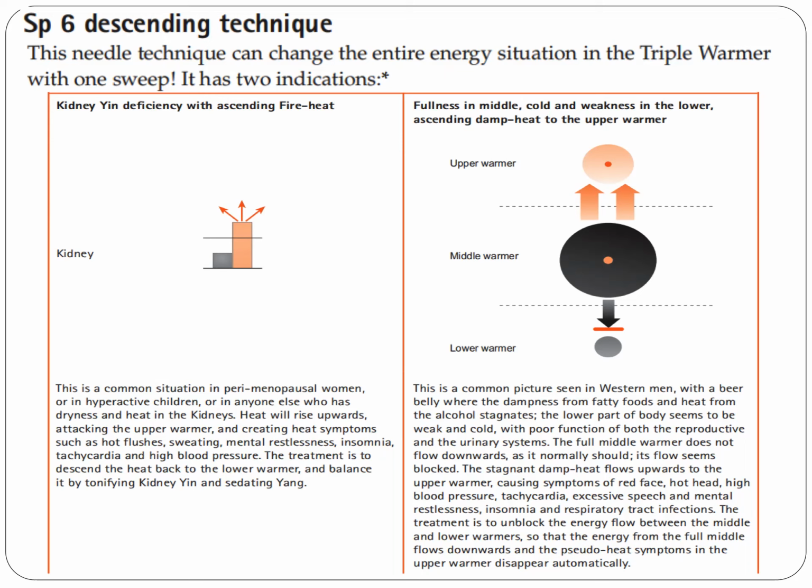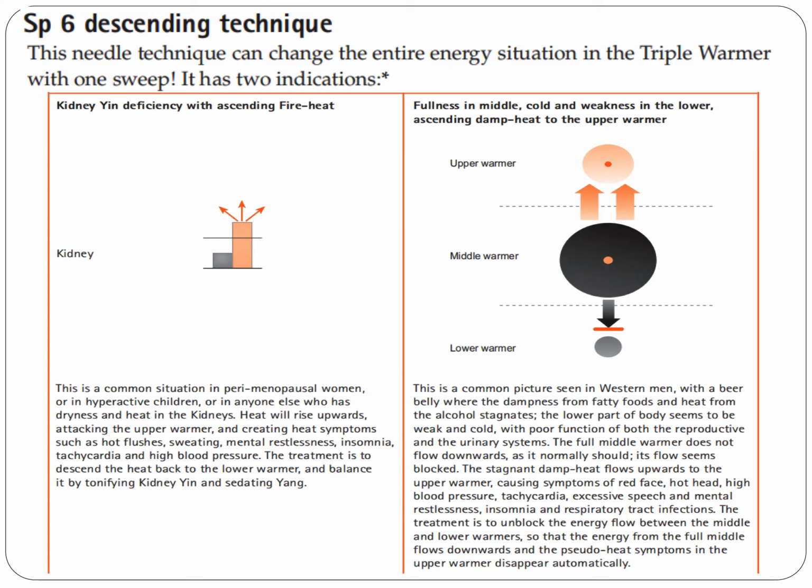So let's start with the very common kidney yin deficiency with ascending fire heat. So this is very common sa mga perimenopausal women. So women out there who are not so young anymore, okay, please listen. Or in hyperactive children, or in anyone else na may dryness and heat in the kidneys.